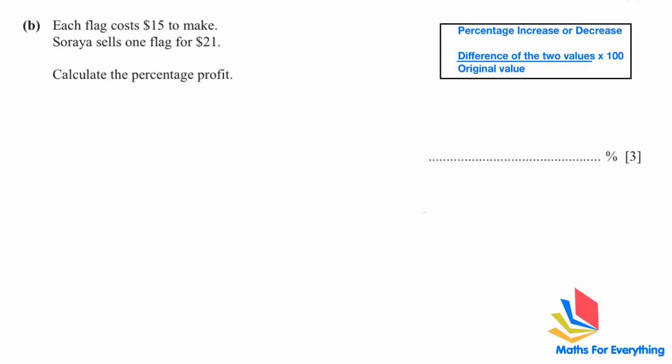So which is the big number here? 21. We will write 21 minus 15. And what was your original value? The cost price, 15. Write it down. Multiply this by 100. And we will get 40%.